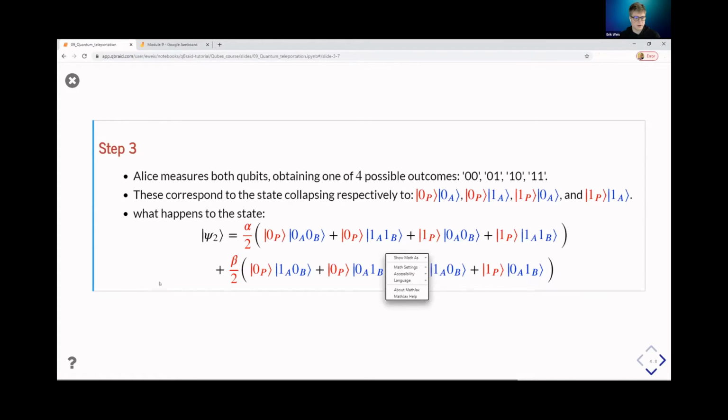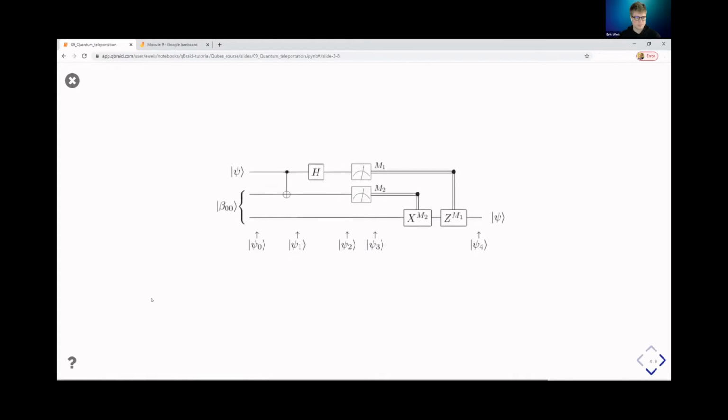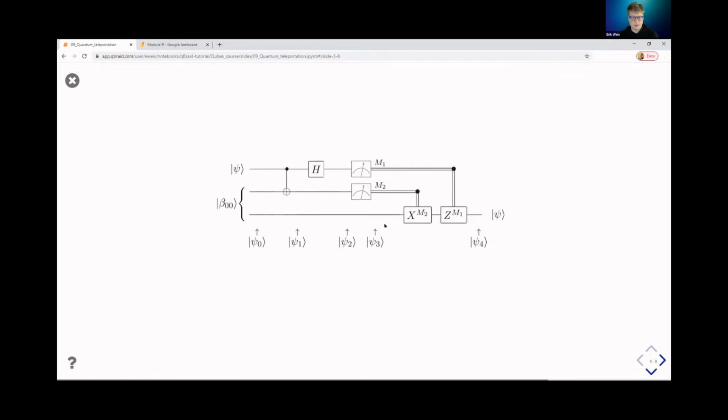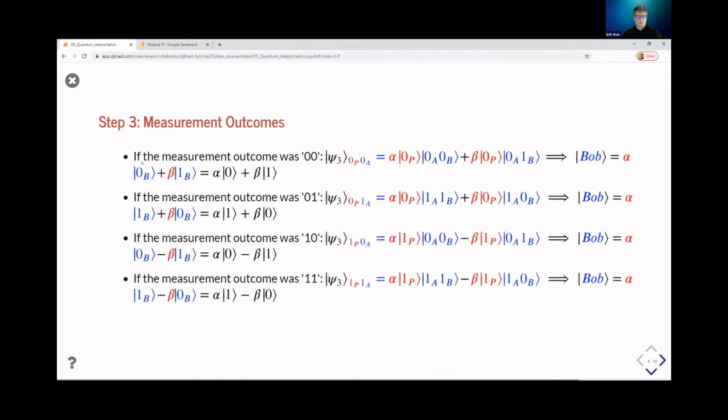So let's take a look at all of these outcomes lined up together. Here's our circuit again. We've measured. Here's what happens. Okay. So if we had 0, 0, we measured 0 and 0. Just as we said before, we get the state alpha 0, 0, 0 plus beta 0, 0, 1. Okay.